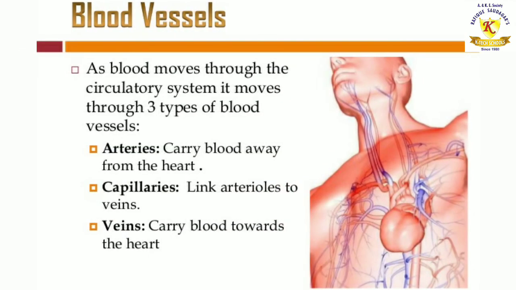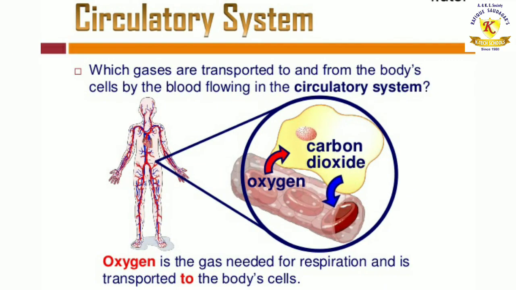Now, as blood moves through the circulatory system, it moves through 3 types of blood vessels. First are arteries, which carry blood away from the heart. Capillaries, which link arterioles to veins, and veins, which carry the blood towards the heart. So these are the blood vessels. Now children, which gas is transported to and from the body cells by blood flowing in the circulatory system?